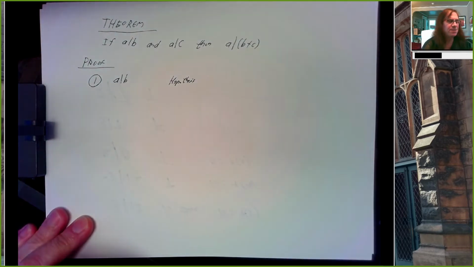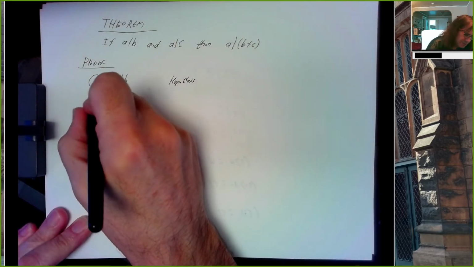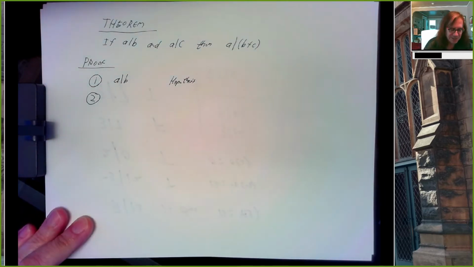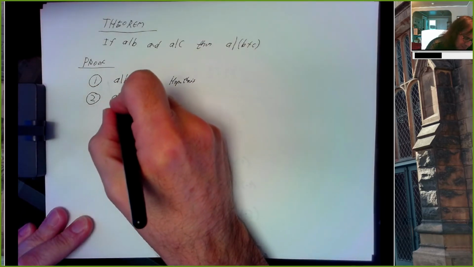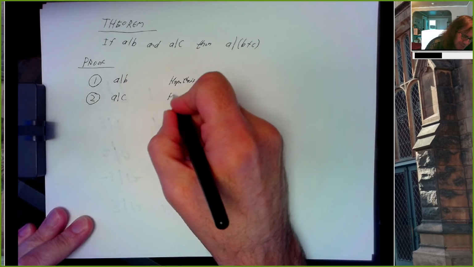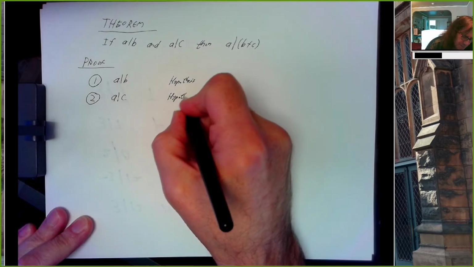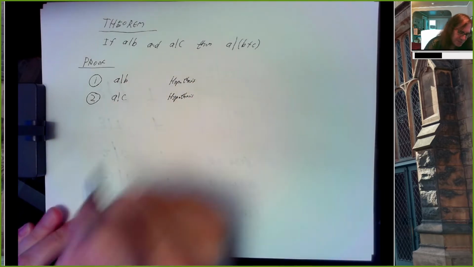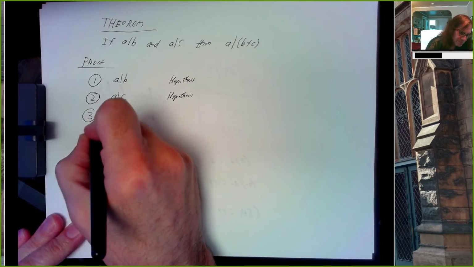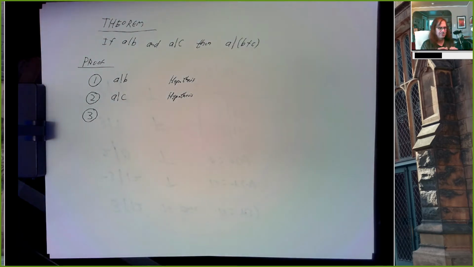A divides B. That's a hypothesis. If I'm getting paid by the line, I'm going to go ahead and state the second hypothesis. A divides C. That's a hypothesis also. Alright. What could we possibly do from here?